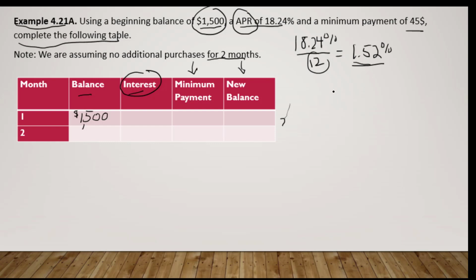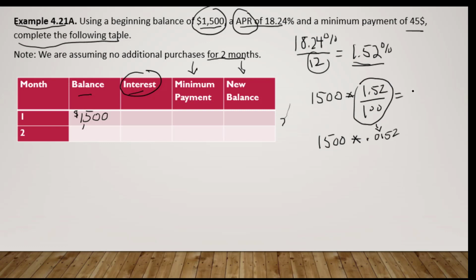So this one I'm going to do by finding 1.52% of 1,500, the interest. So I owe 1,500, and I want to find 1.52% of that number. Of course, you can also just do this, 0.0152, which is just this number converted into a decimal.